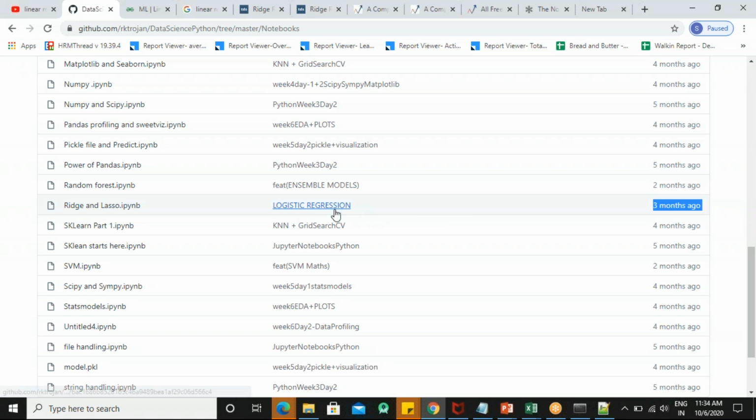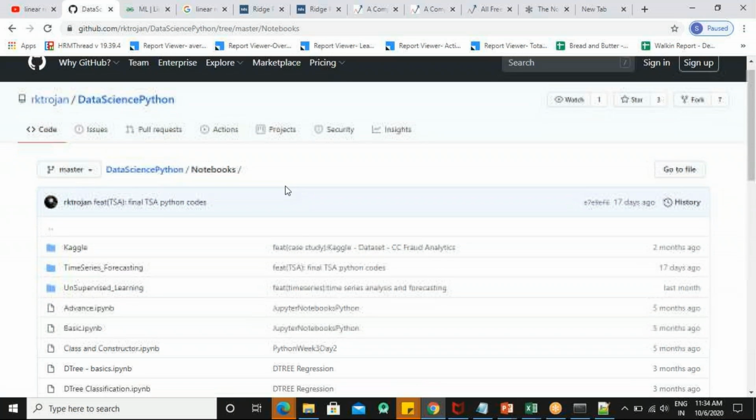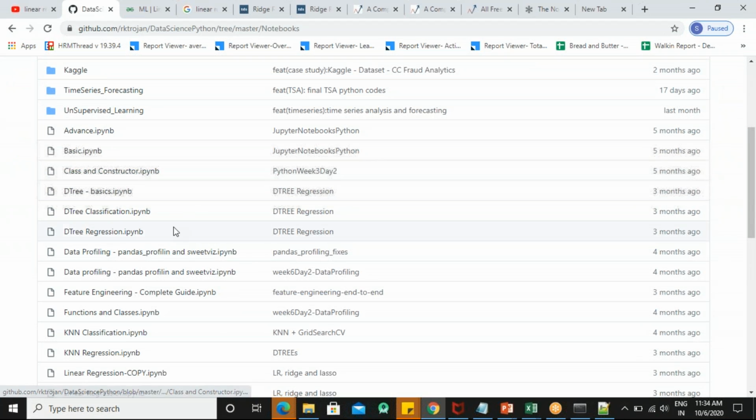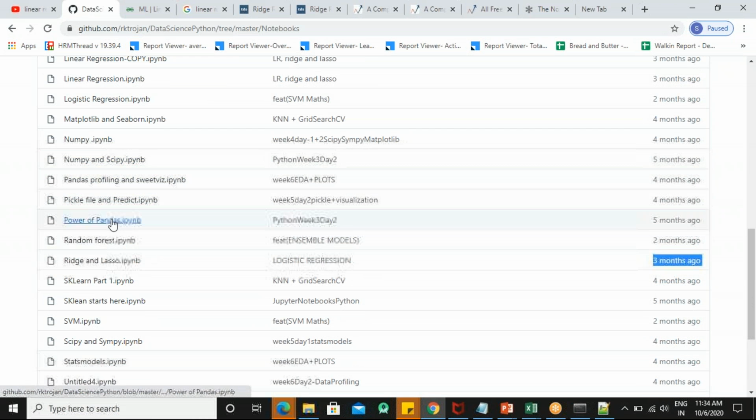Okay. This is just a rule of thumb you remember. Those of you who are not aware about GitHub, please read about it. This is how you work in the industry with GitHub. So for example, if you have to open any notebook here, say Ridge and Lasso, click on this.